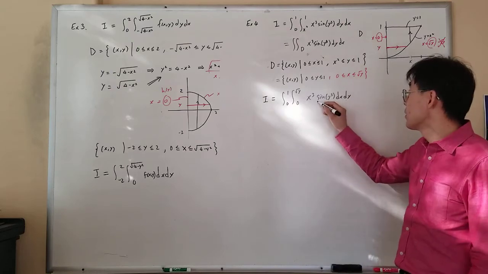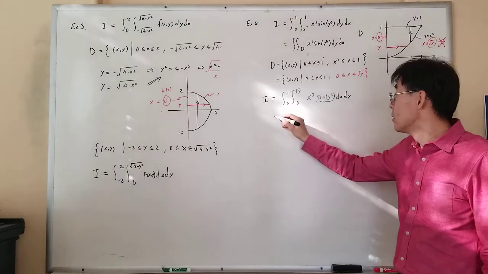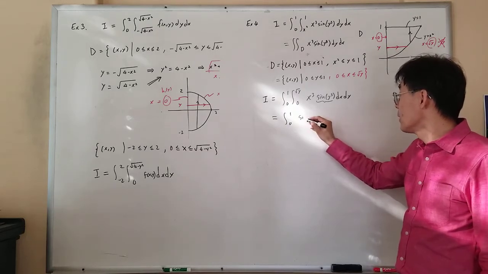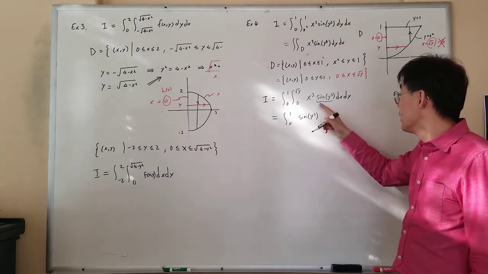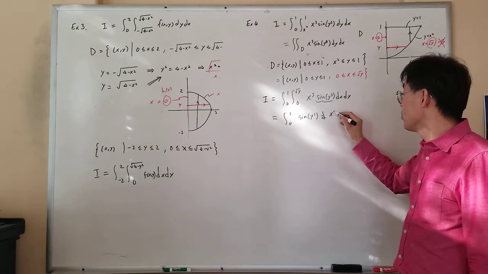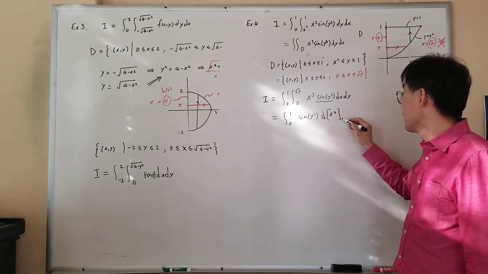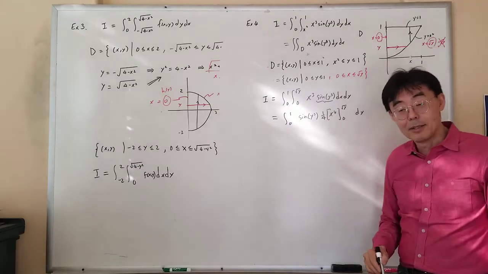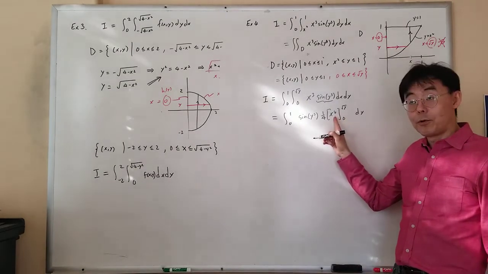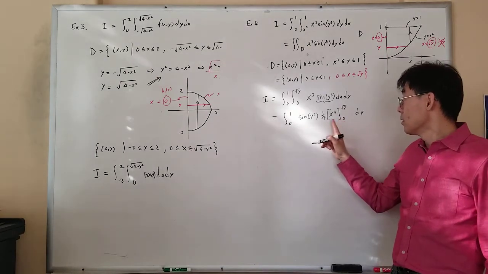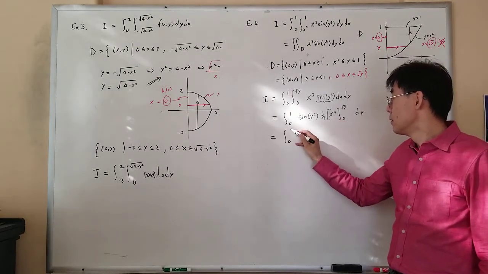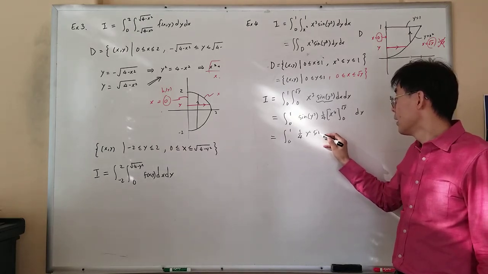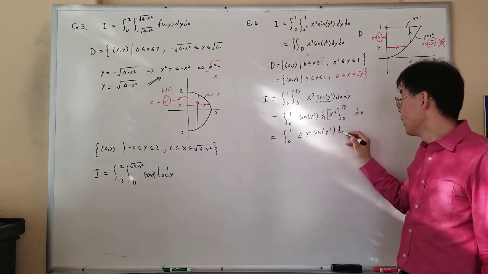For x, sine of y cubed is just a constant. So we get sine of y cubed times 1/4 x to the 4th, x running from 0 to square root of y. Square root of y to the 4th is y squared, minus 0. So you have 1/4 y squared sine of y cubed dy.